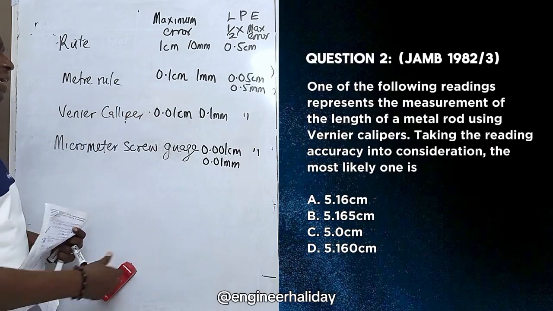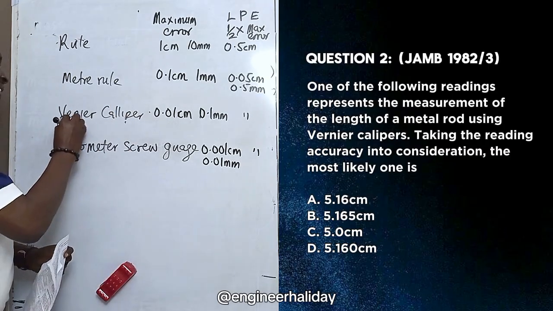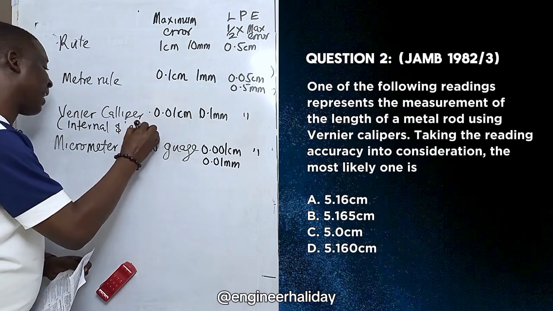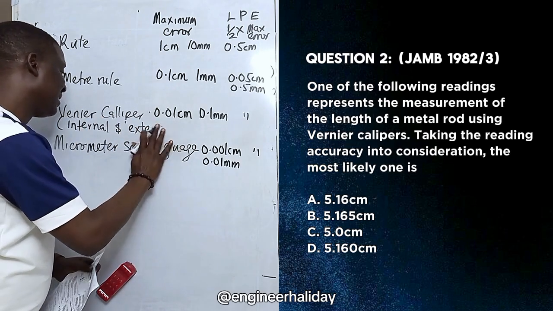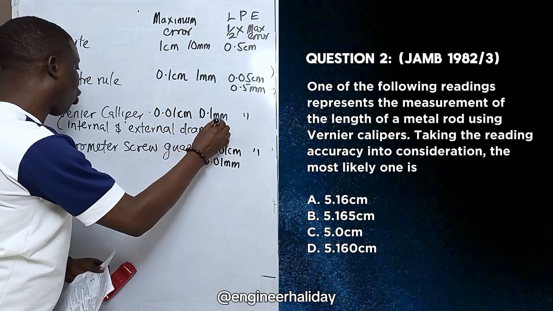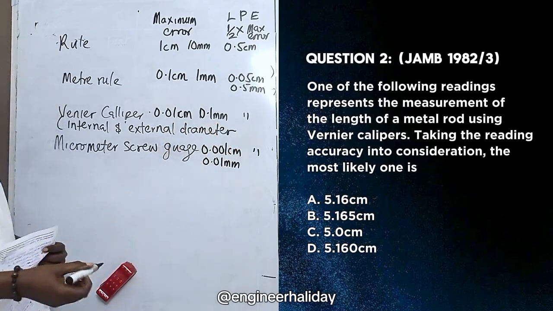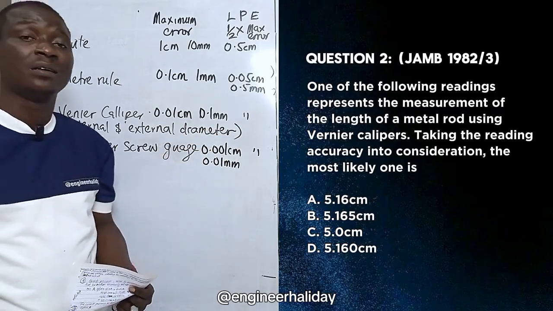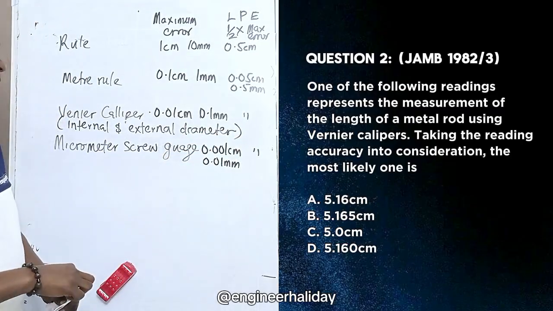Then vernier caliper can measure both internal and external diameter of a curved object, e.g., a cylinder, a test tube, and all that.